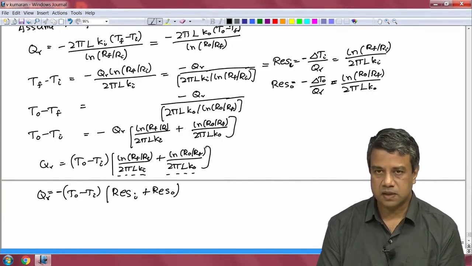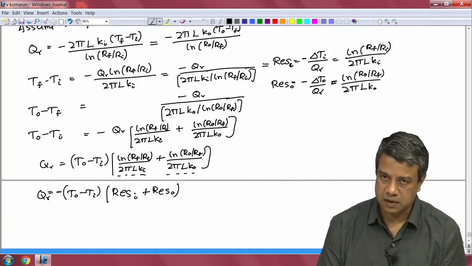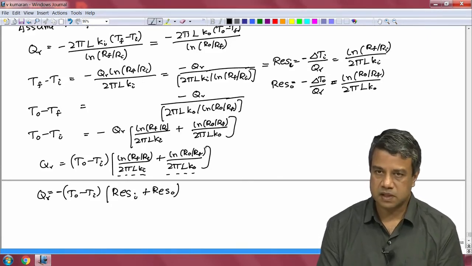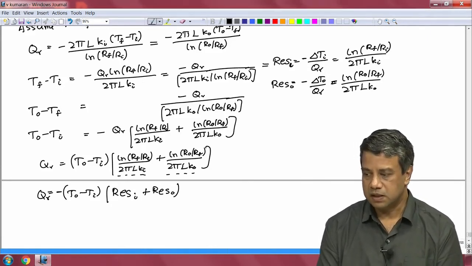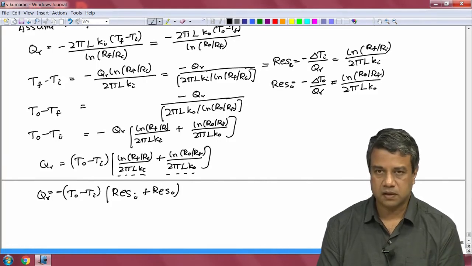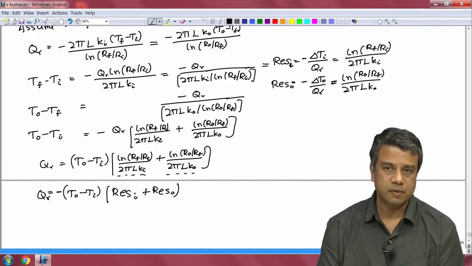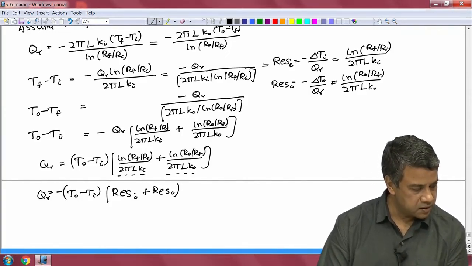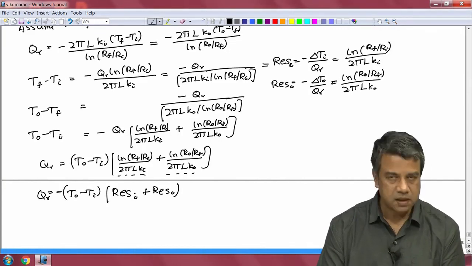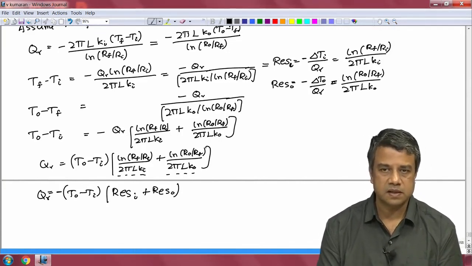In a Cartesian coordinate system, the resistance was proportional to h, the thickness, and inversely proportional to area. In this case, you are getting the natural logarithm of Rf by Ri, and it is inversely proportional to the length and the thermal conductivity. So, that is the expression for the resistance, and in a series arrangement you will add up the resistances.